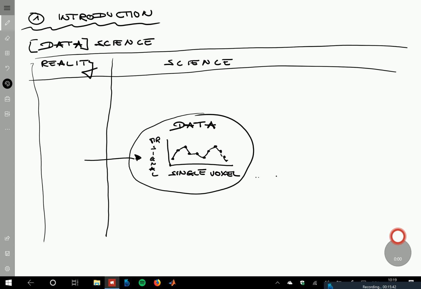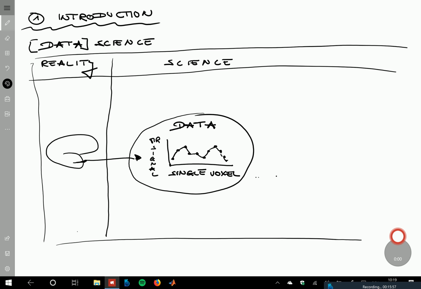So for the GLM, we are dealing with making some boxes here. Maybe there we have a brain, and there we have a brain area. We have a time series of the MR signal, and this is the data that we are dealing with in terms of the GLM.